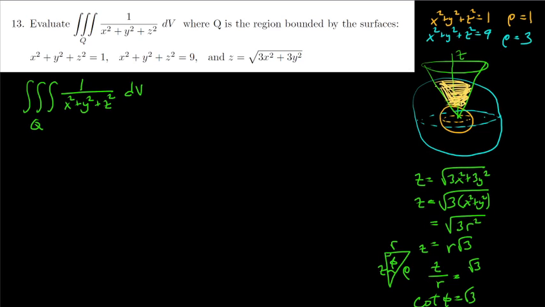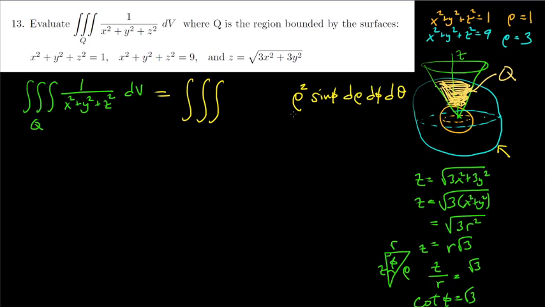So that's the region Q over which we want to integrate. Okay, so I hope you're not even contemplating doing this in rectangular coordinates. These are spheres after all, so I would use spherical coordinates. So that's rho squared sine phi, d rho, d phi, d theta.